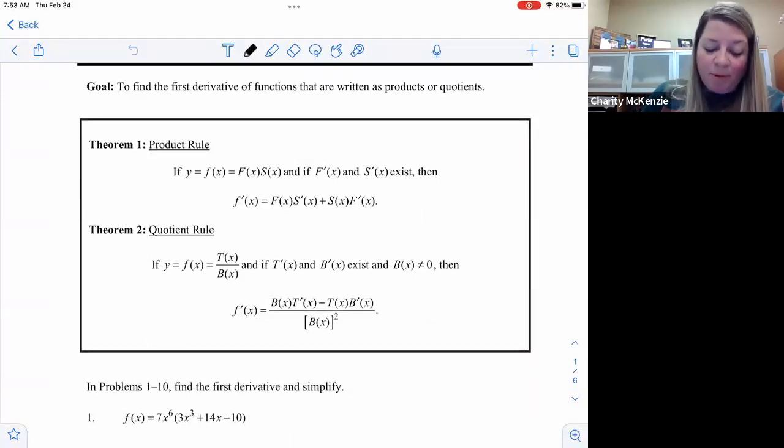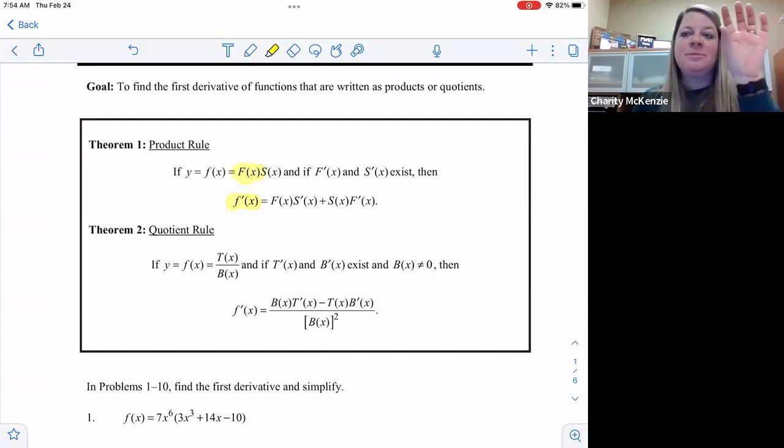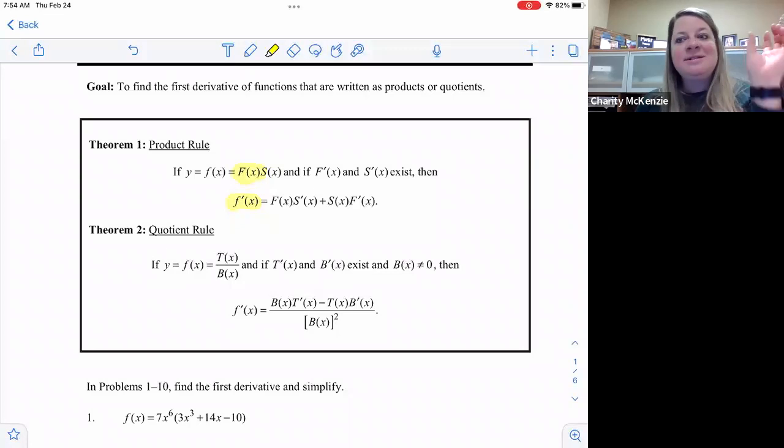Okay, so our product rule goes, all right, derivative is equal to, I have the first function. It's going to be a function times a function. Whatever they are, they're times each other. They could be in parentheses, they could be e to the x times something.